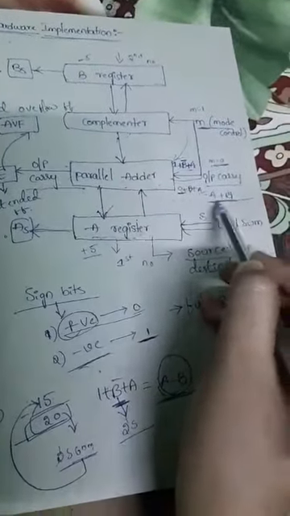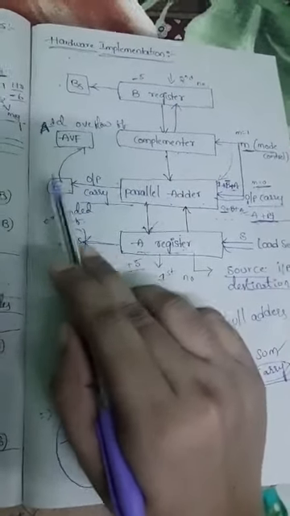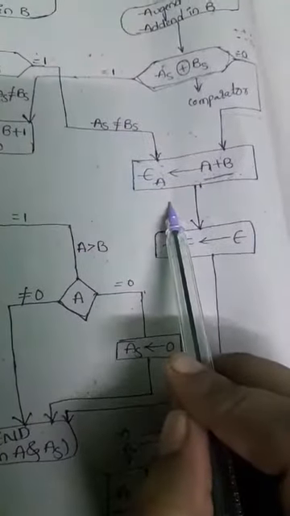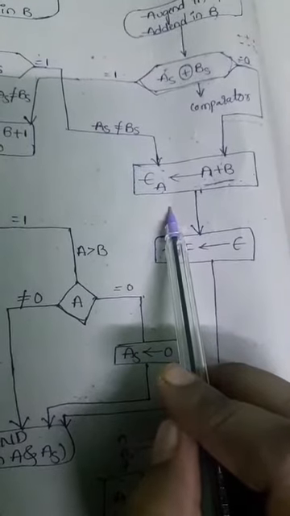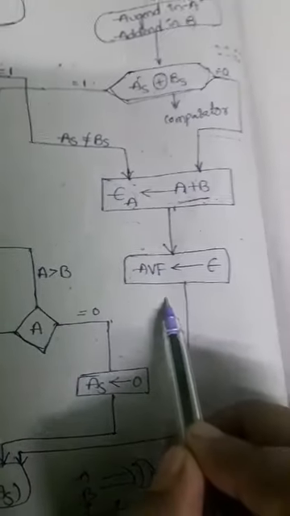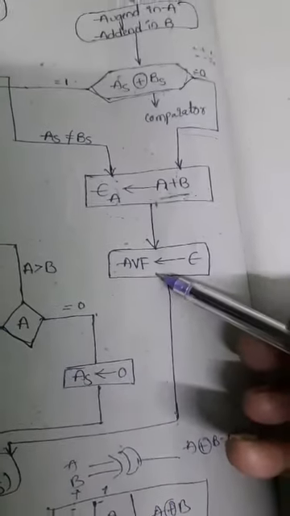So after doing A plus B, if any output carry is produced, it will be given to E. After that, any overflow will be transferred to the AVF.